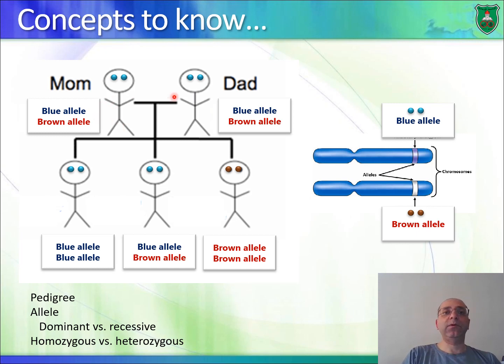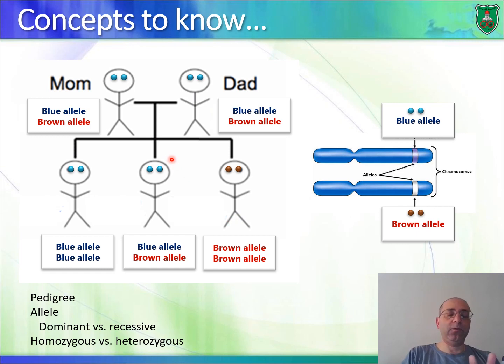Okay, so here we have a family. You have mom, dad, and they have 3 kids, 3 children. Now, of course, there would be genetic transmission. That is, genes would be transmitted from both parents, from mom and dad, to the children. Let's talk about the eye color gene.